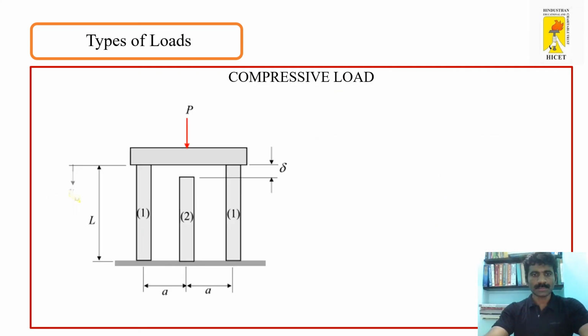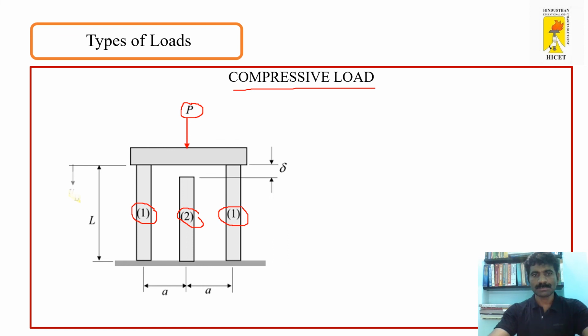In this slide, the compressive load is explained with a diagram. In this diagram, it is clearly understood that P is the compressive load which is acting on the slab, and this slab is supported by two columns, that is 1 and 1 on either sides, and there's another column 2 which is slightly away from the slab.